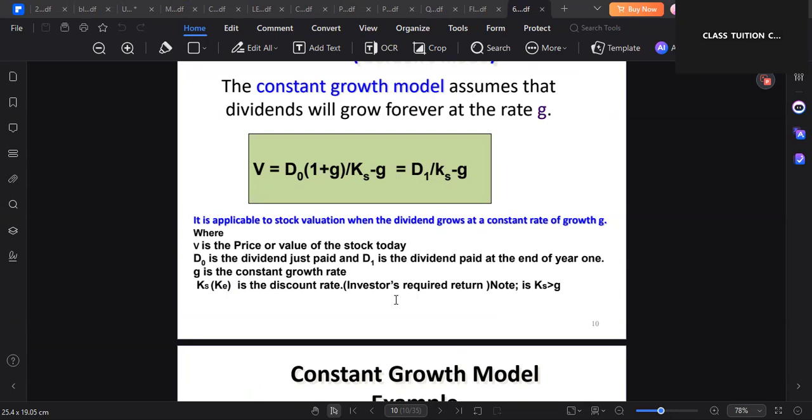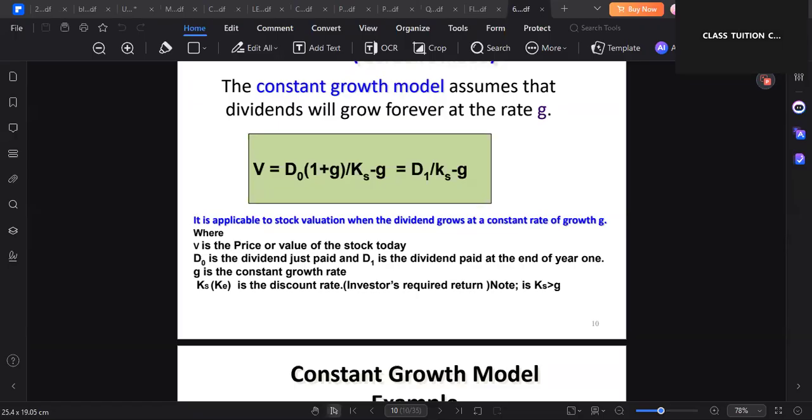The formula is the same, the one we had with preferred stock. So the value of the zero growth model is simply D1 over K minus G. So now let me teach you something about dividends. You can use the future value formulas. Remember, future value is equal to present value times 1 plus growth.